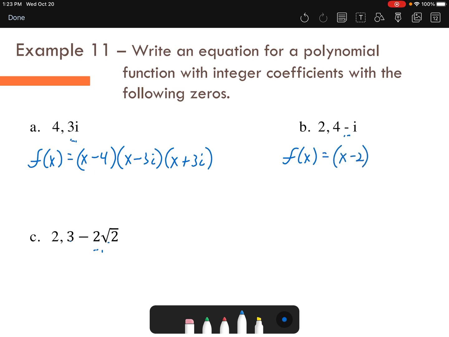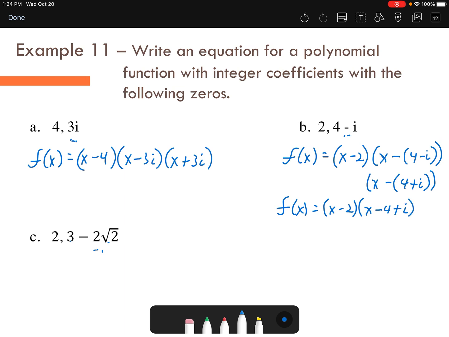This one would be x minus 2, x minus 4 minus i, and x minus 4 plus i. And again, if you're going to clean that up, it's going to be x minus 2, x minus 4 plus i, and x minus 4 minus i.